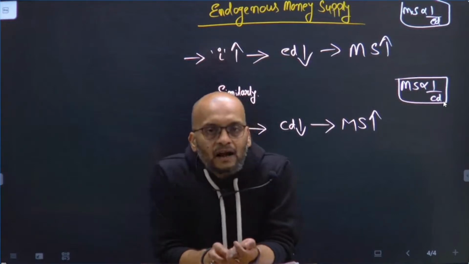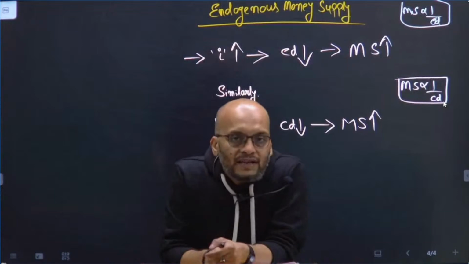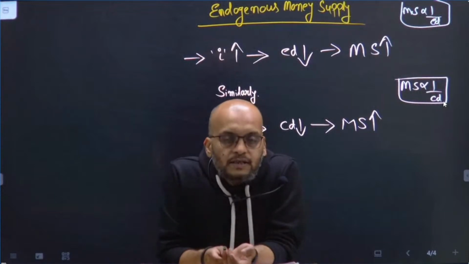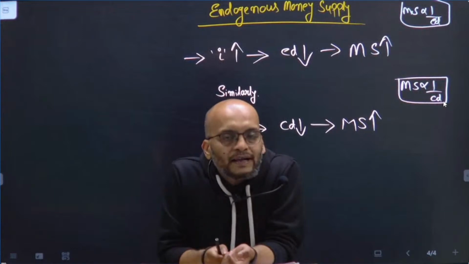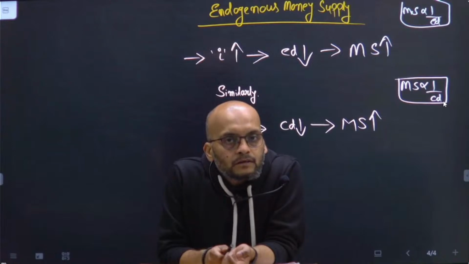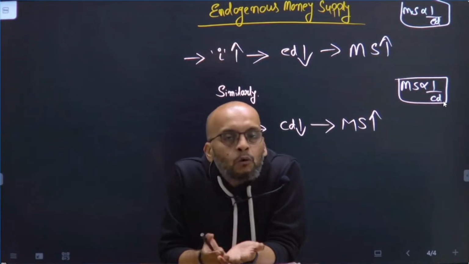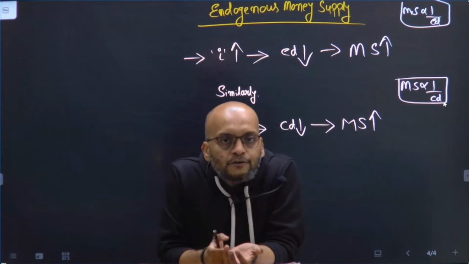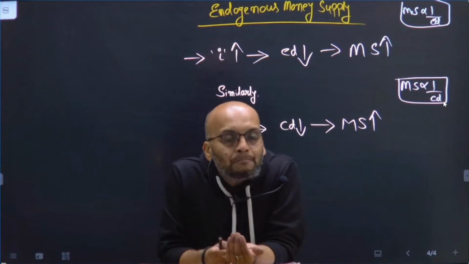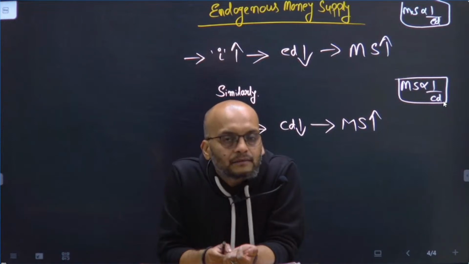So if they start getting more interest, it's quite obvious that they will lend out more money. Why will they keep it for excess? This I explained yesterday. So if interest rate is increasing, they will give out more loan. And in order to give out more loan, they will keep lesser reserve. Reserve ratio will decrease.